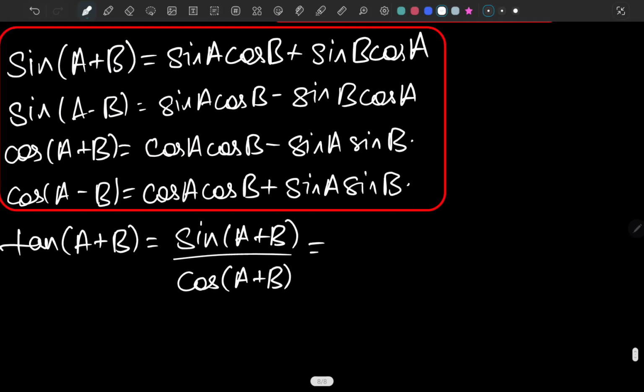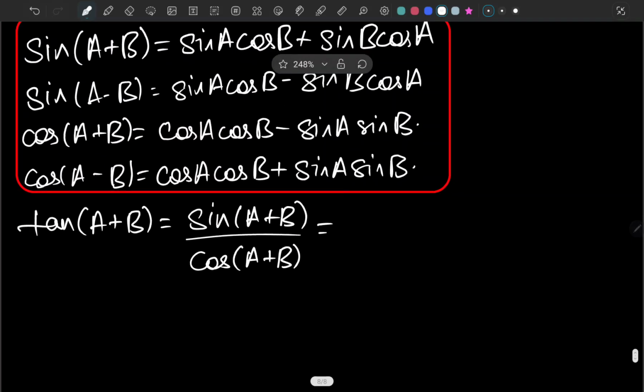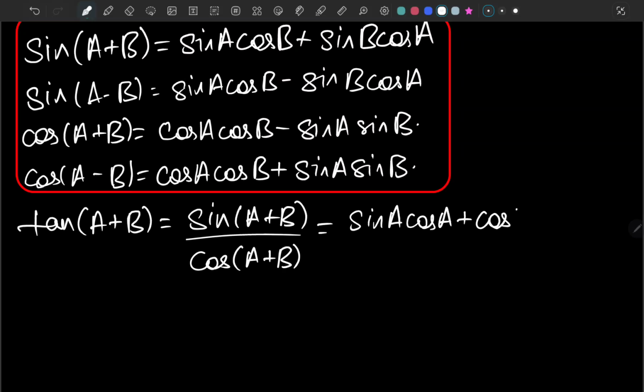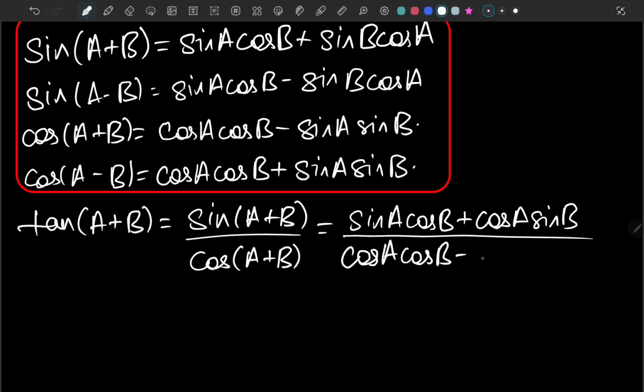From these formulas, sine of a plus b is sine of a cosine of b plus cosine of a sine of b, over cosine of a plus b, which is cosine of a cosine of b minus sine of a and sine of b.